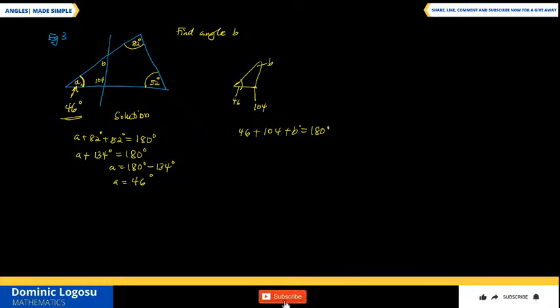Again, we are saying 180 degrees because the sum of angles in a triangle is always 180 degrees, and the sum of angles in a quadrilateral is always 360 degrees.